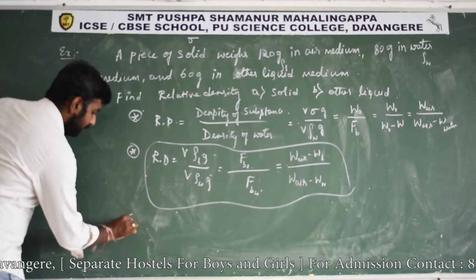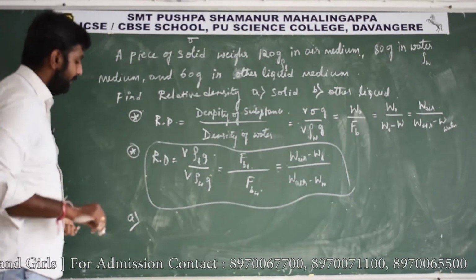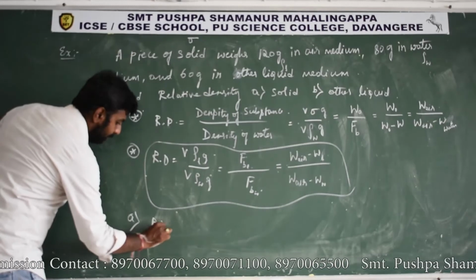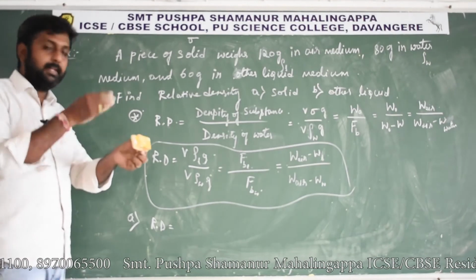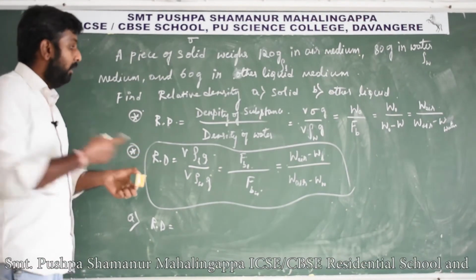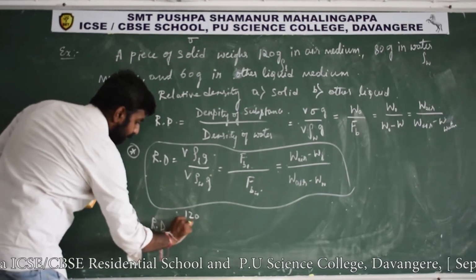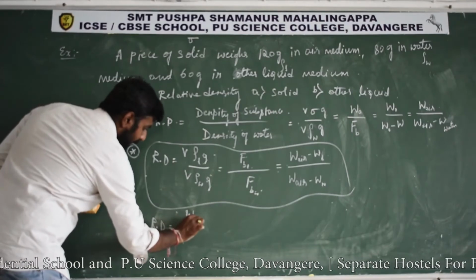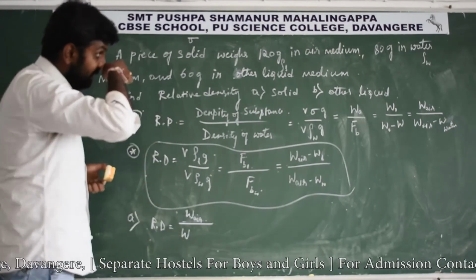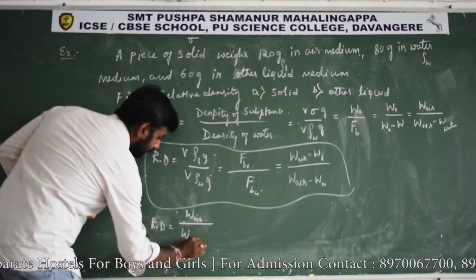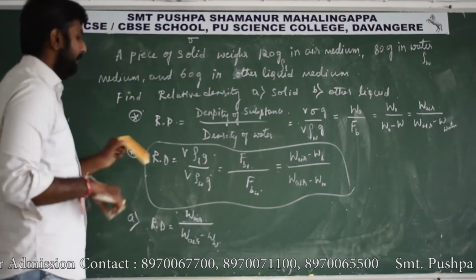See here, solution. First, A solution. What do we have to find? We have to find the relative density of the solid. So the relative density of the solid is equal to, first I will write the formula: weight of the object in air medium divided by weight in air minus weight of the object in water medium.